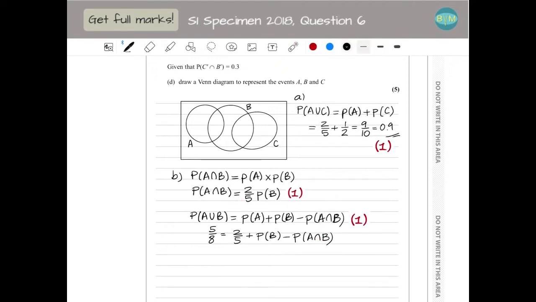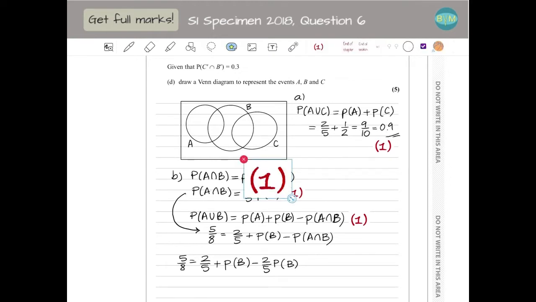Let me substitute. So I have 5/8 equal to 2/5 plus probability of B, that's what I'm looking for, minus, instead of probability of A intersection B, I'm going to write this. So this is your other mark for substituting one into the other correctly.